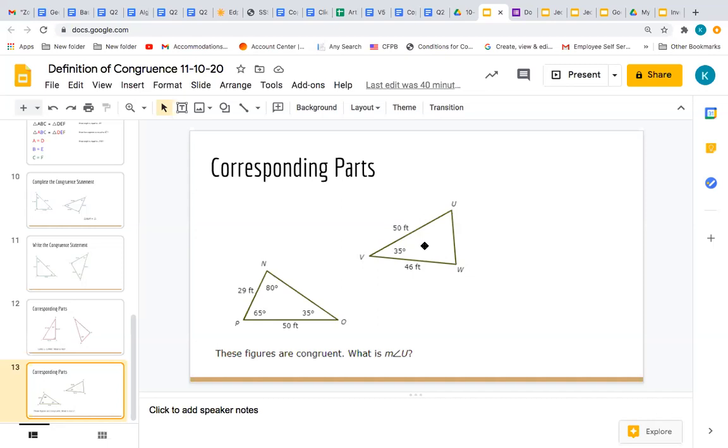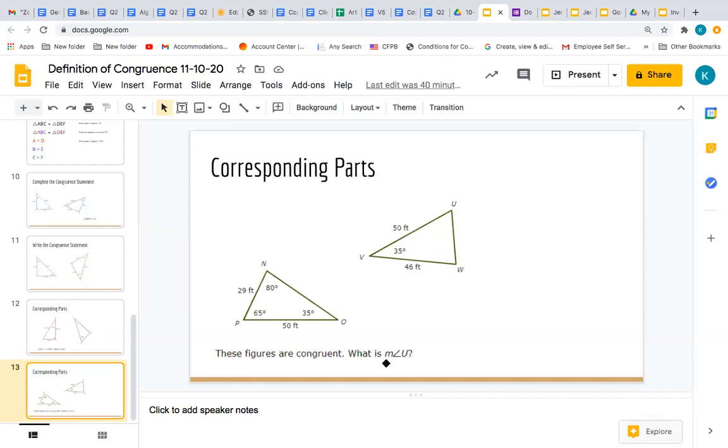Or you can say one is 65, the other one is 80. Or you can say one is 70 and the other one is 75. So we don't know what these two angles are. But if it's congruent triangles, the angle has to be congruent too. The corresponding parts has to be congruent.